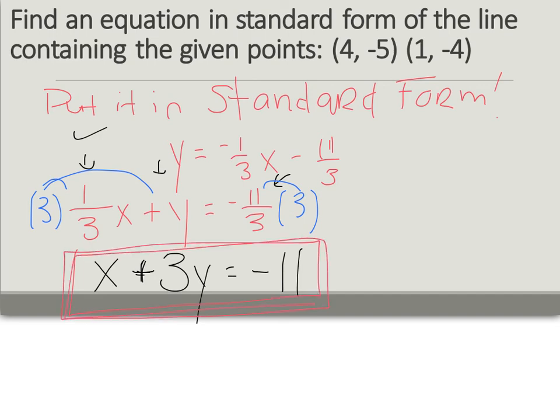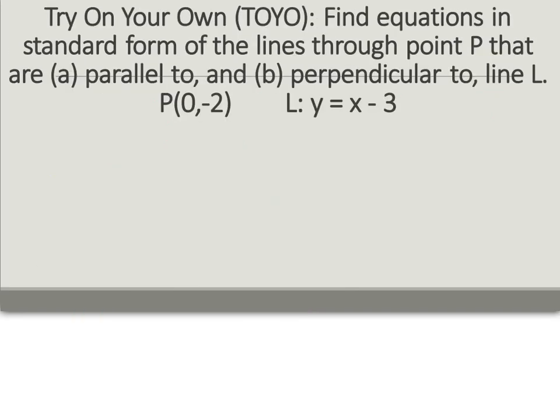So all of your answers for the practice in class are going to be in standard form, including the try-it-on-your-own problem. I want you to find the equations, plural, and you're going to write them in standard form eventually. You're going to have to use slope-intercept form first. And I want you to try to write the lines through point P. So this is line B. Point P is going to be your x and your y.